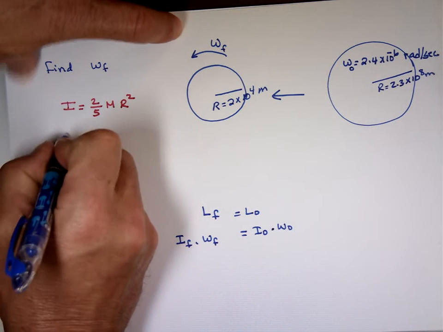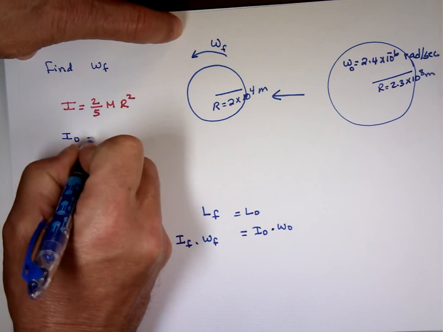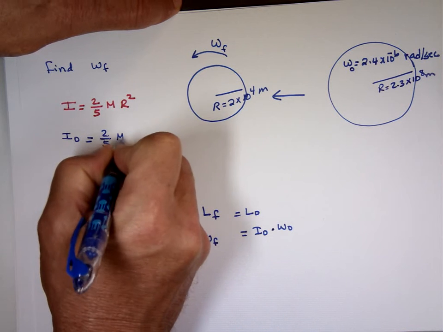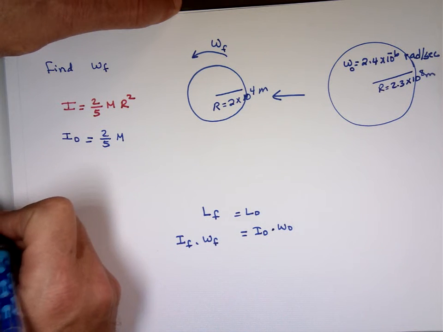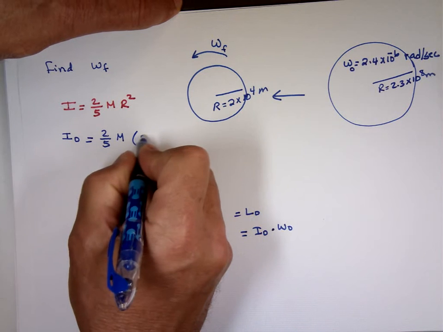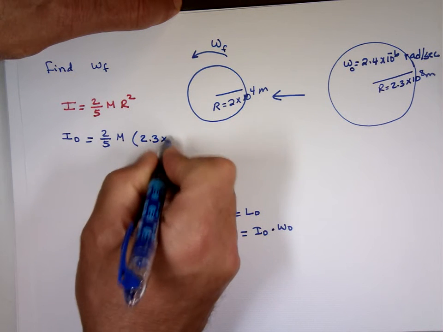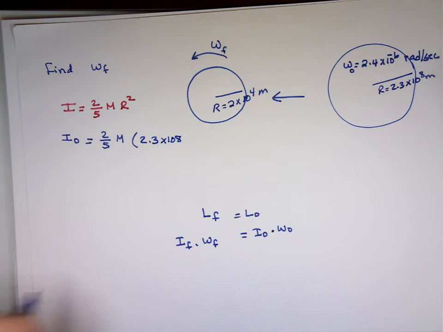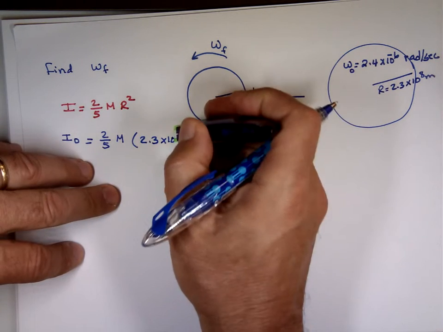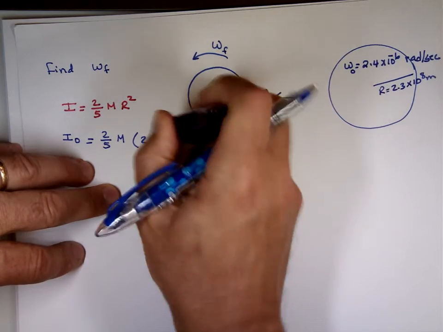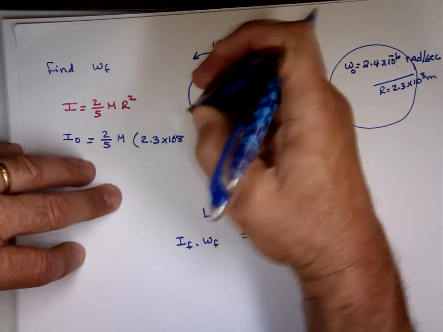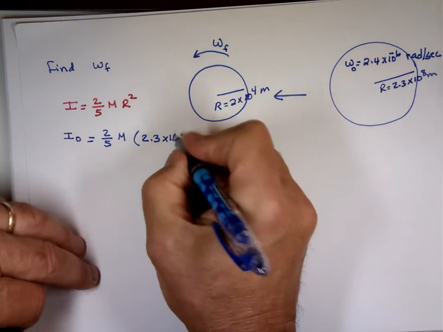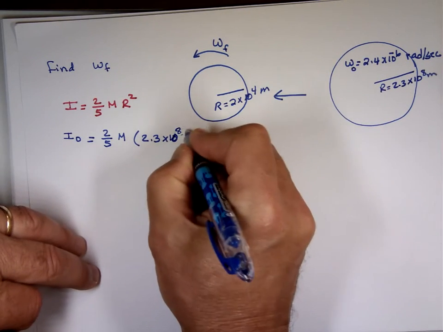What's the initial inertia? It's 2/5. We don't know what the mass is, so leave it as m times r squared. R is 2.3 times 10 to the 8, squared.